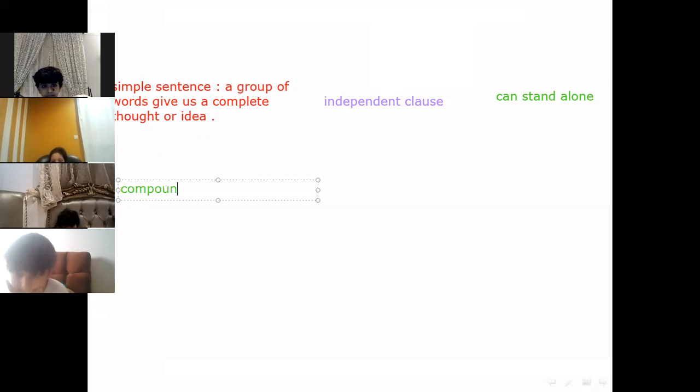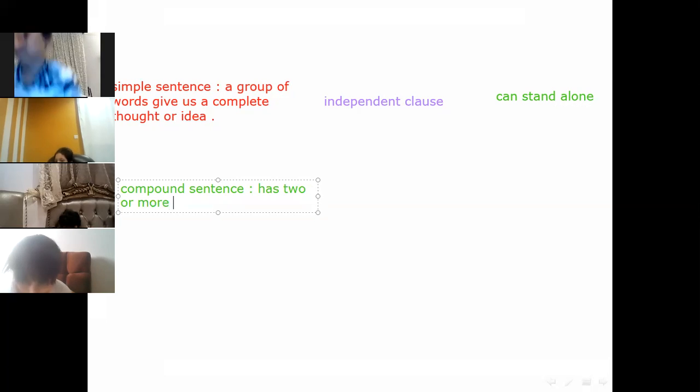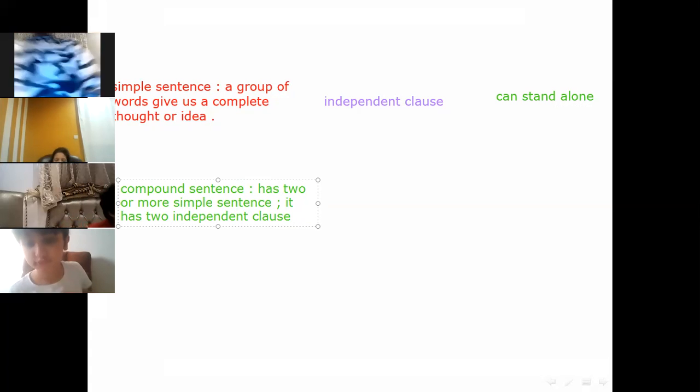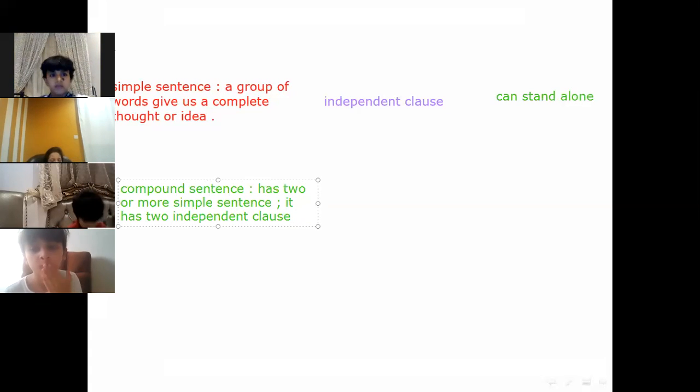What is the compound sentence? The compound sentence has two or more simple sentences. That means it has two or more independent clauses.